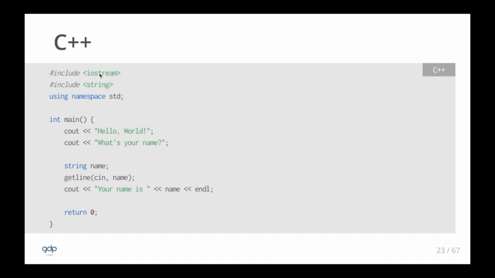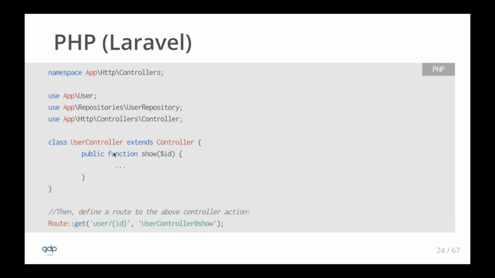It includes the IOStream library and string library, and it prints hello world, what's your name, and then it will wait for the user's input, and then it will print out your name is blah blah blah. Then observe this PHP code. It's using the Laravel framework, user controller extends controller. There is this method show, and then we define a route to this controller.